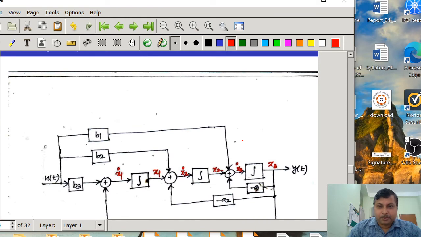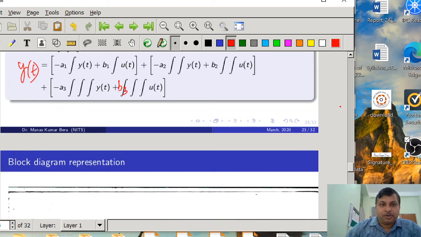So this is the minus a1 into y(t), and it has to be added with b1 into u(t). So here we get the addition, and then it has to be integrated to get y(t), because this is only the single term we have implemented for the construction of y(t).